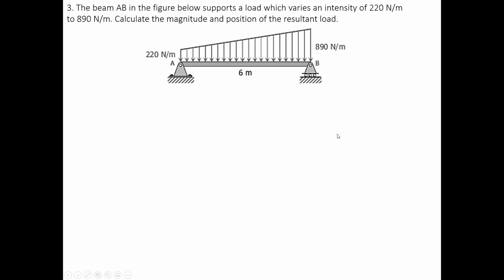Okay, let's try to solve number 3 first. The beam AB in the figure below supports a load which varies at an intensity of 220 Newton per meter, going towards 890 Newton per meter. This one is a trapezoidal load. Calculate the magnitude and the position of the resultant load.